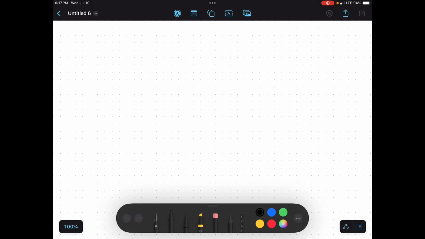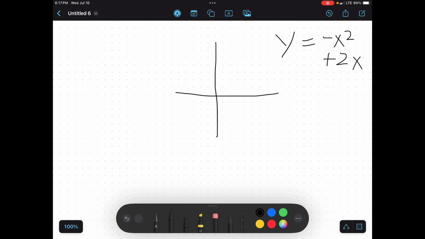So if I were to look at a little graph, and we said y is equal to negative x squared plus 2x. Sorry, I didn't leave myself enough room to make that look nicer. And we happen to note that we had a 0 at x is equal to 0, and we also had a 0 at x is equal to 2.